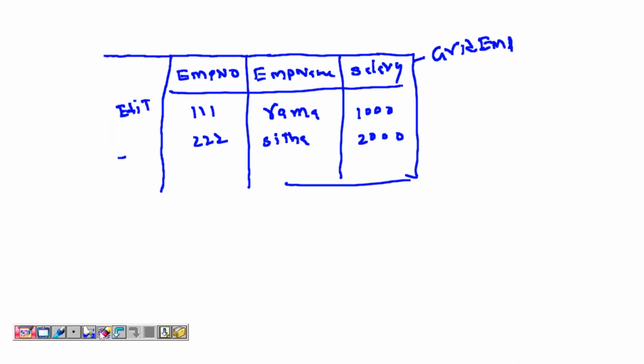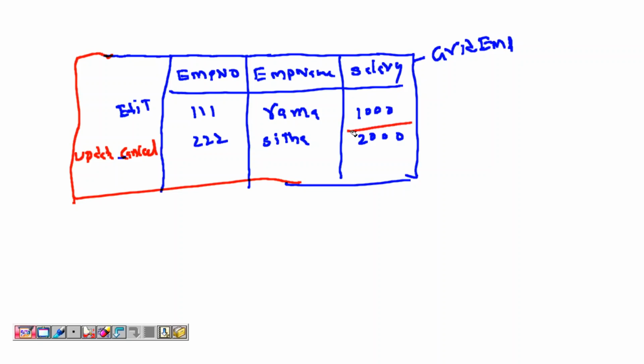And the concerned row will convert to editable mode. In editable mode, here you can see a text box.